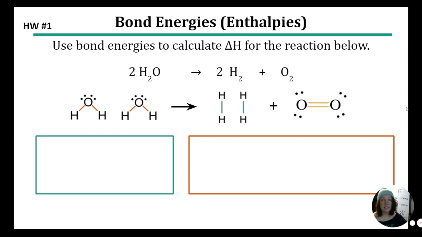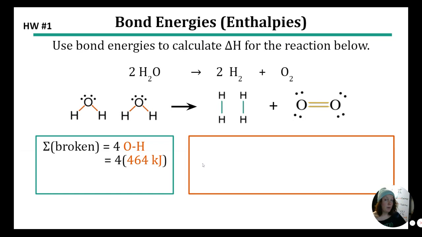Okay, so let's take a look at all of the different bonds that are going to be broken in our reactants. So you can see here that these are all the same type of bond. We have an HO bond, an HO bond, another HO bond, and another HO bond. So that counts for 2 waters, and we happen to have the same type of bond 4 times, right? That OH bond, we have 4 of them. The value of it on our table is 464 kilojoules per mole.